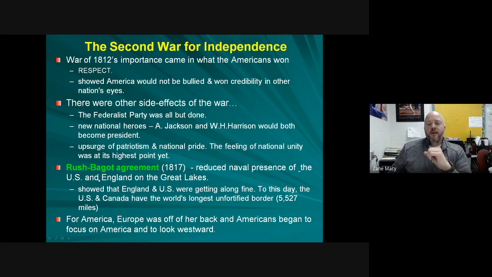In 1817, you end up having the Rush-Bagot Agreement. This reduces the naval presence along the Great Lakes of both the U.S. and the British.